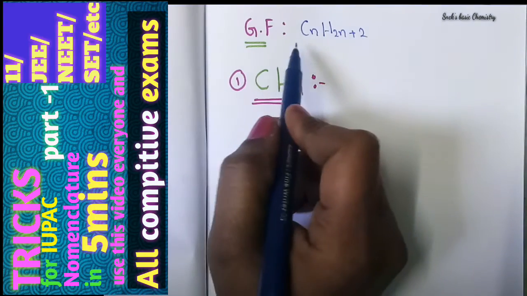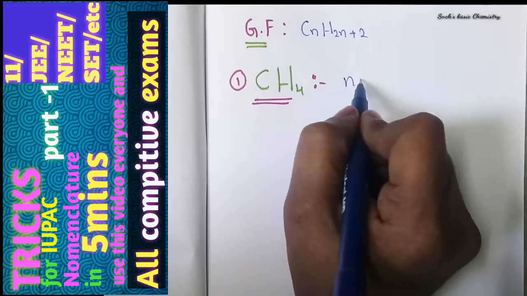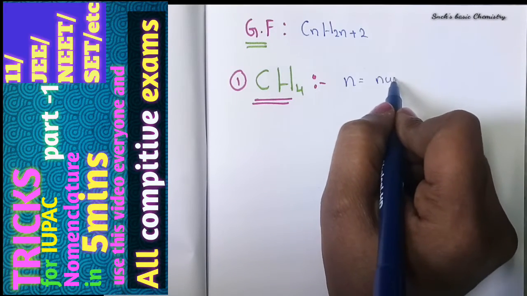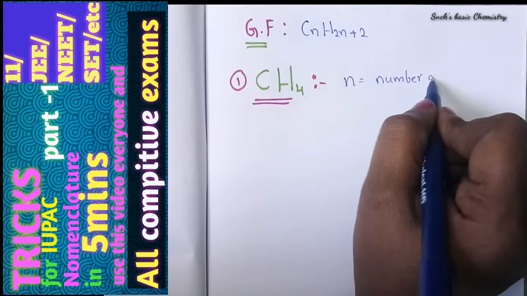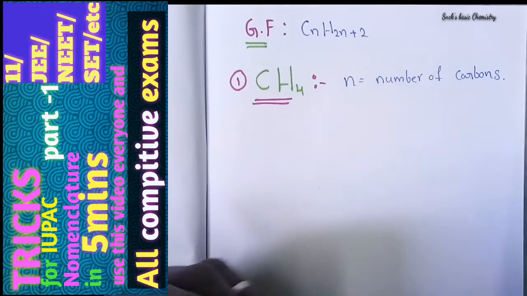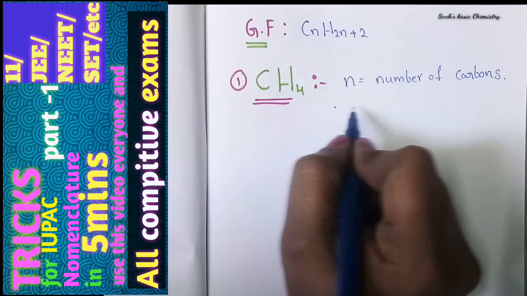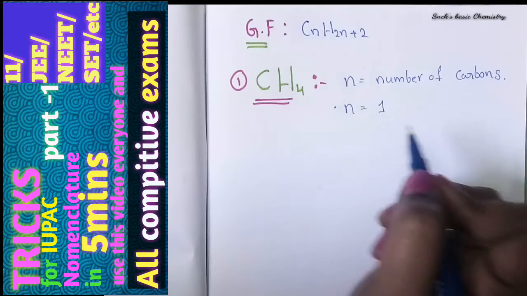Now applying the general formula of alkanes to methane, here n is equal to the number of carbons. So n is equal to 1.